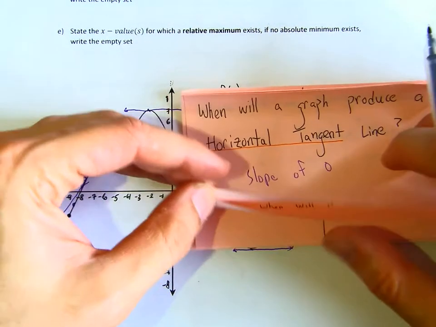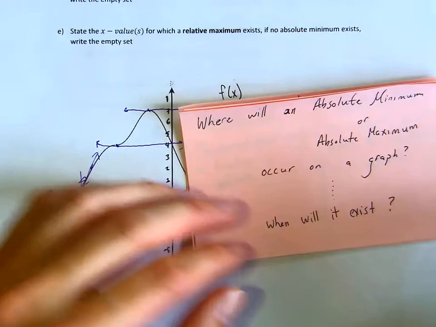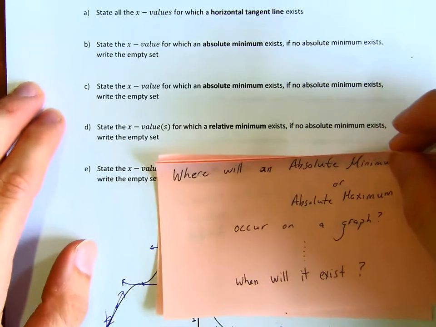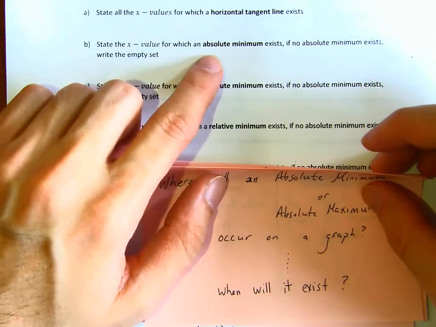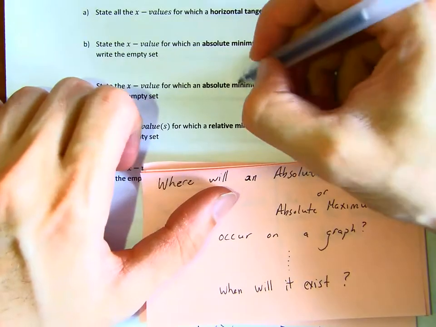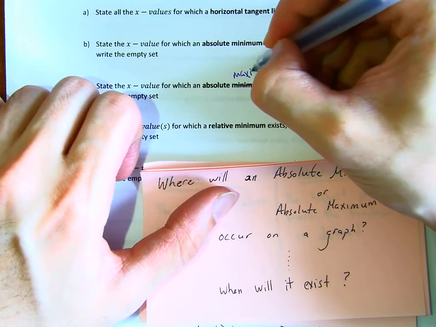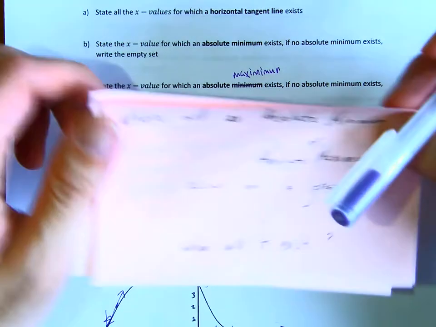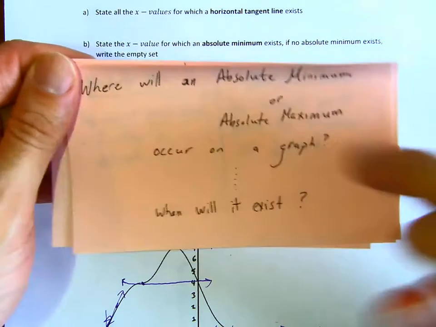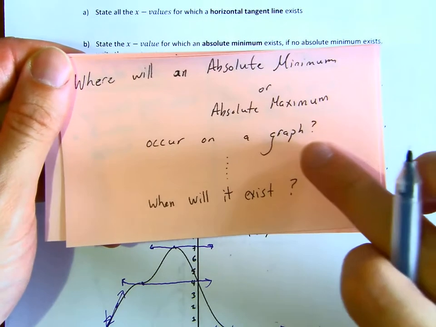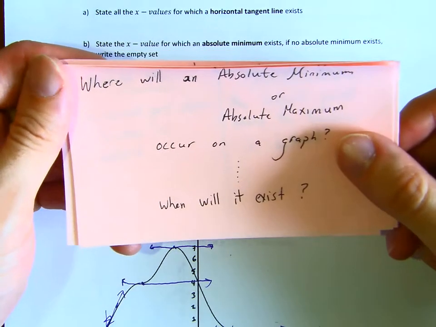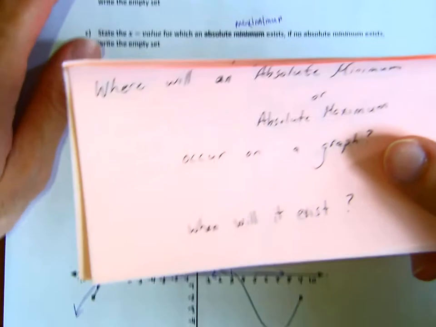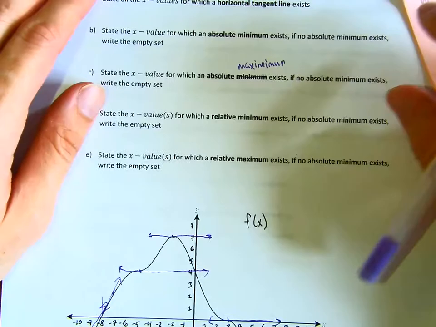Let's take a look at the next one. Where will an absolute minimum occur, and, okay, this should say maximum here, where will the absolute maximum occur on a graph? When will it exist? So try and answer this question. We didn't actually answer the first part yet.